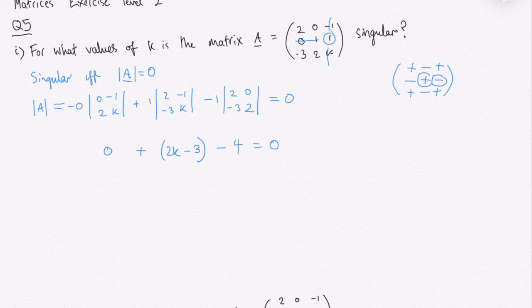So we get 2k subtract 7, which is the determinant of A, is equal to 0. So what is k when A is singular? Well, k is equal to 7 over 2, or 3.5.